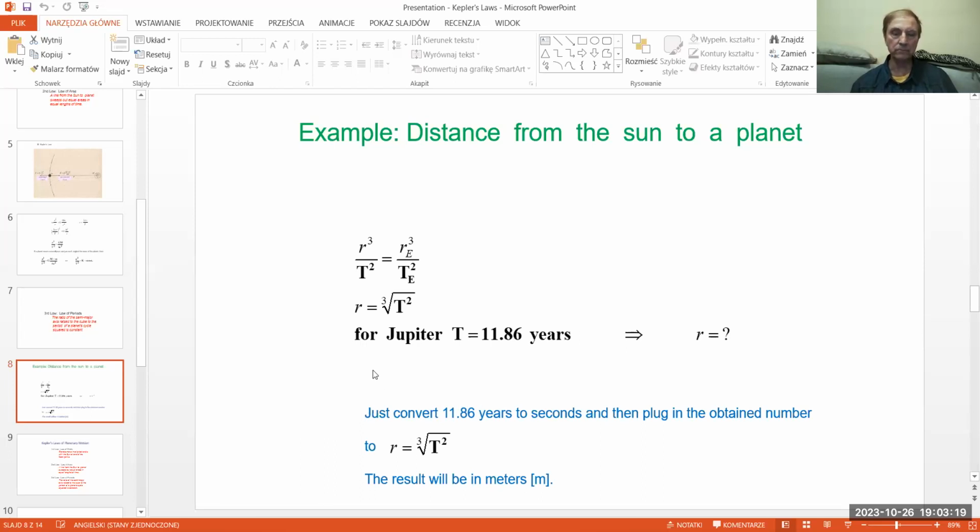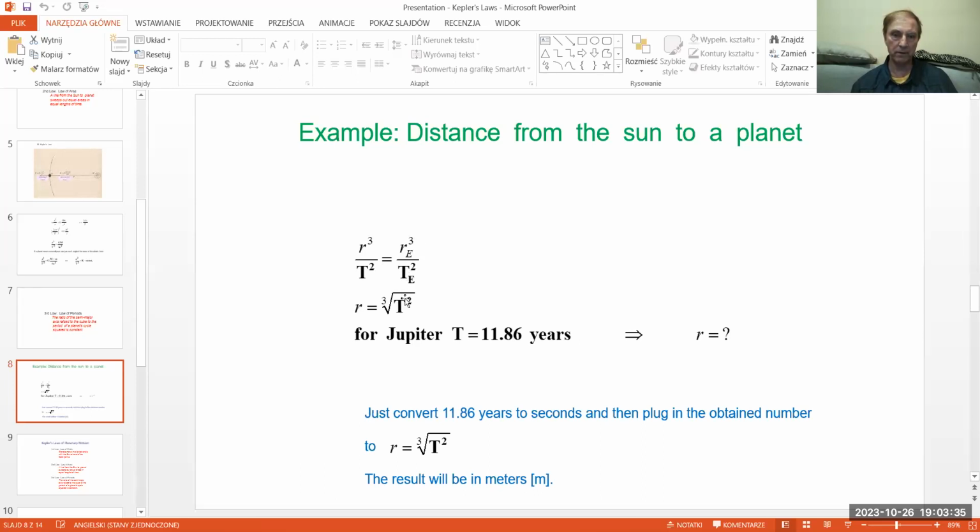Therefore, the ratio for Jupiter must be equal to the ratio for the Earth.